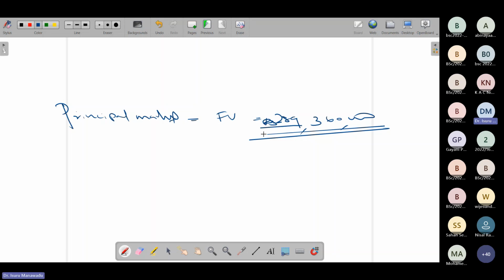Did you get this answer? In the principal market, fair value for 200 tractors. Right. In the most advantageous market, what is the most advantageous market out of these four?